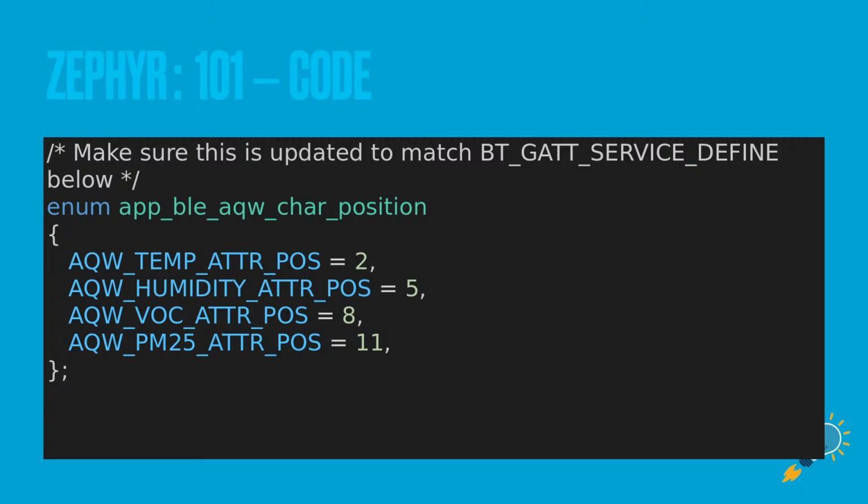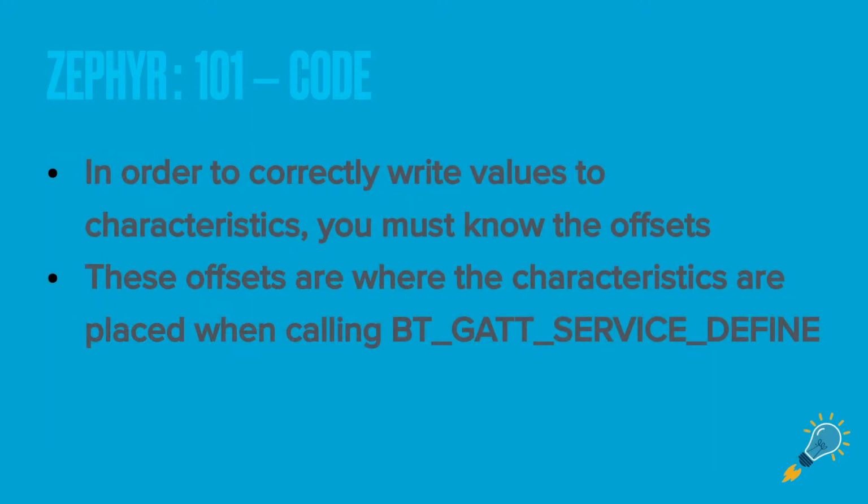So we need to actually write to that memory that's allocated via that macro, but how do we get there? Essentially, these are the positions of the data for the different characteristics. And this is going to become helpful because we're going to use them as offsets to write to an attribute to set the data. It's weird, but hopefully you'll get it in a second.